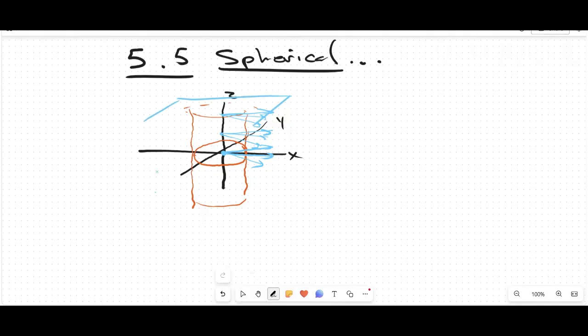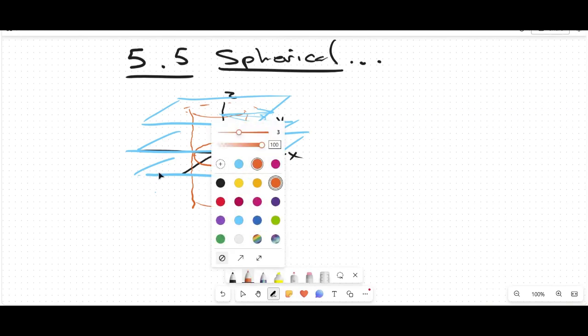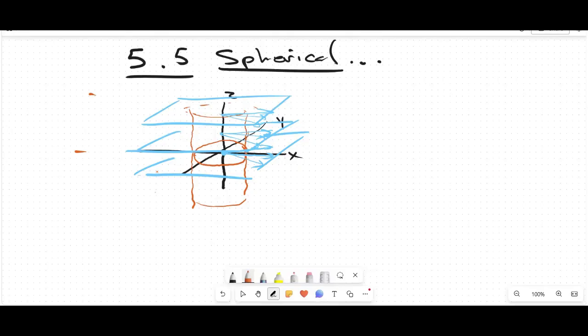There's this plane here for that Z height, I've got polar coordinates there. There's this plane here for that Z height, I've got polar coordinates there. There's the standard Z equals 0 plane. On any one of those planes, we're introducing polar coordinates. So that's the picture for cylindrical.